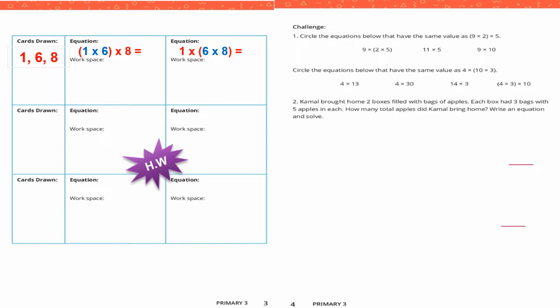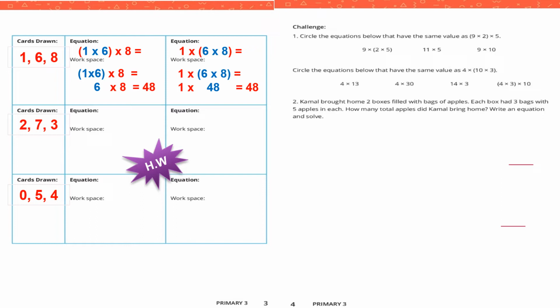The first one. 1 times 6 equals 6. 6 times 8, 48. We studied it in table 6. In the second way, 6 times 8, 48. 48 times 1, 48 also. Okay, they have the same product here.